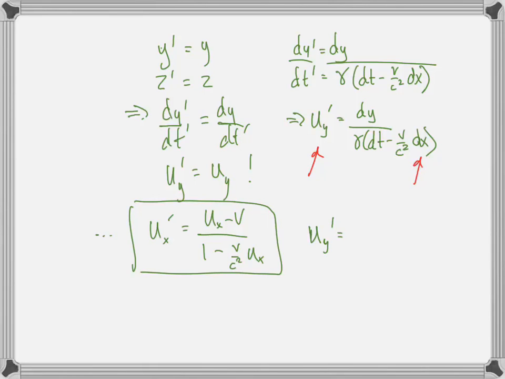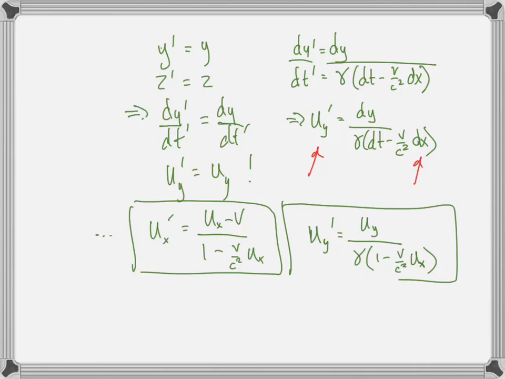u sub y' is equal to, we can divide top and bottom by dt, so that we get u sub y over gamma times (1 minus v over c squared dx/dt, which is u sub x). So the x component goes as (u_x minus v) over (1 minus v u_x over c squared).